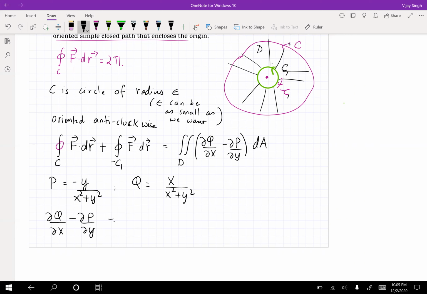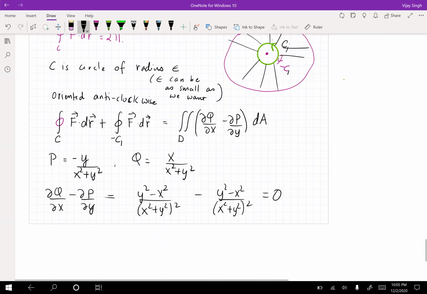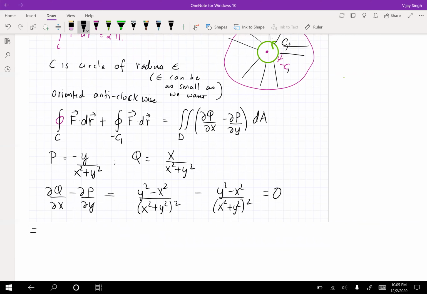And how did we prove that? We computed dou Q by dou X. If you apply the quotient rule, you'll get X squared minus Y squared upon X squared plus Y squared the whole square minus same thing equals 0.